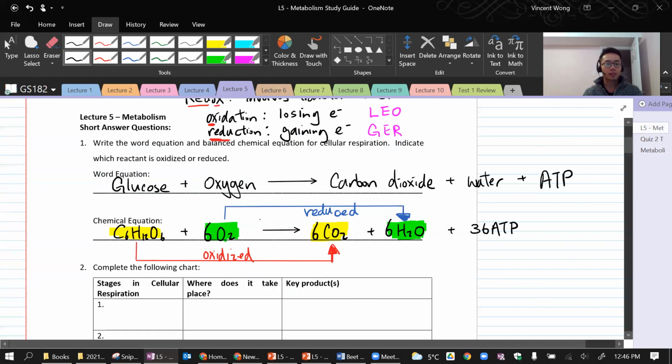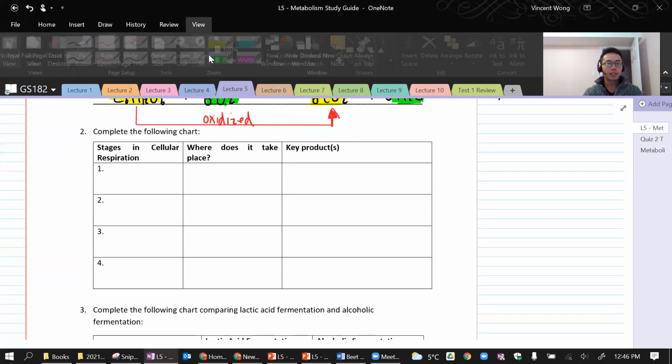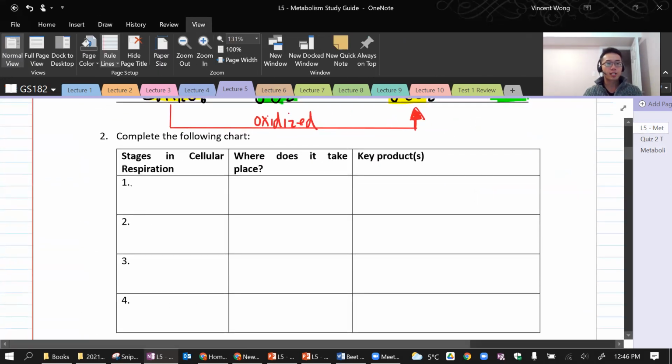So let's go back to our lovely chart here. We will fill it in. First step is glycolysis. And it is going to be taking place in the cytoplasm. So the key products will be 2 pyruvate, 2 ATP net.